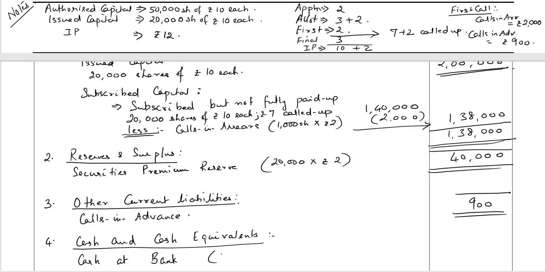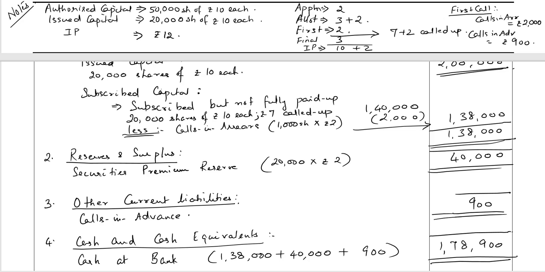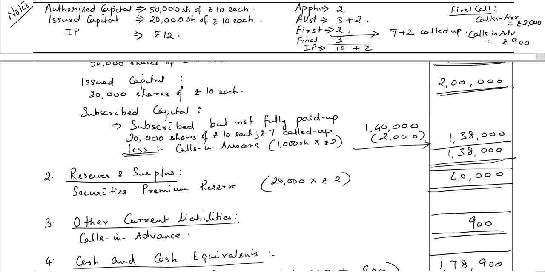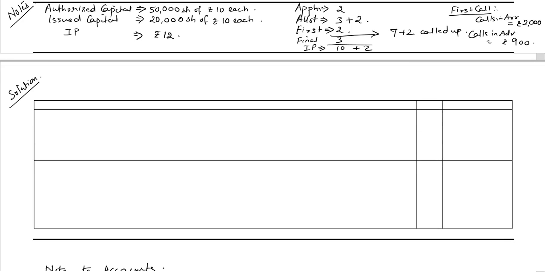The total amount received is the amount of the share capital, 1,38,000, plus the amount of the securities premium reserve, 40,000, plus the amount of the calls in advance, 900 rupees. 1,78,900 rupees. So we've completed the notes to accounts. We'll fill up the items in the balance sheet.